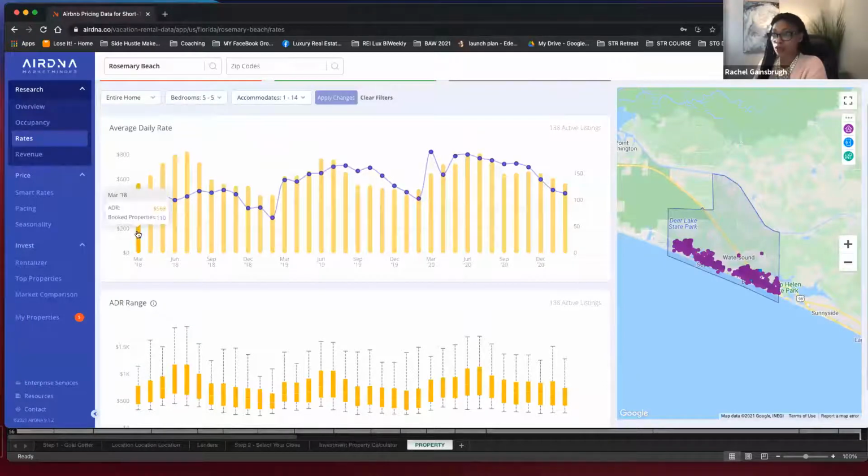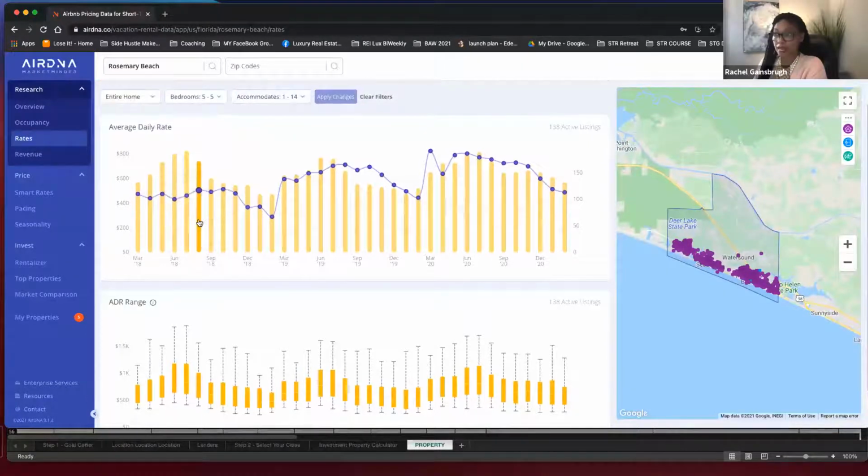Okay. So in March of 2018, the ADR was 586. Remember June, July, August. So June was 802. The average daily rate in July was 826. And August 740 was the average daily rate.